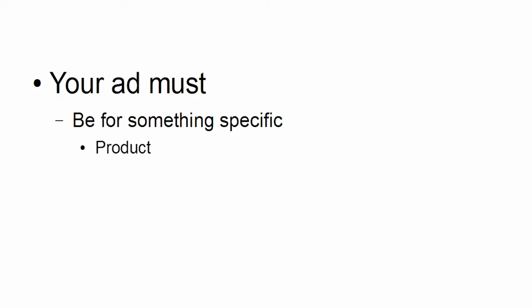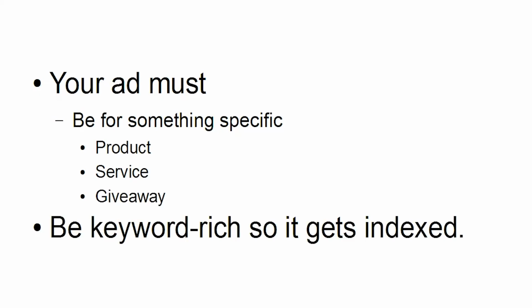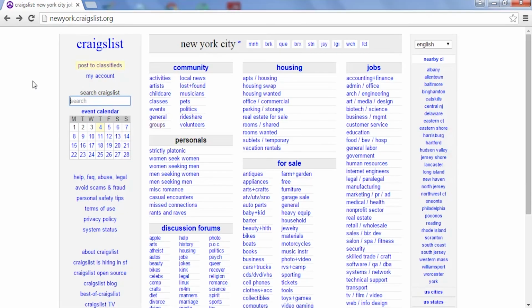Now, before you put your ad up, you must make sure that it's for something specific. So it should be for a product or for a service or for a giveaway. And it must be keyword rich so it gets indexed. Now, Craigslist has clamped down in recent years on the parts of their site where you can post an ad with a clickable link.